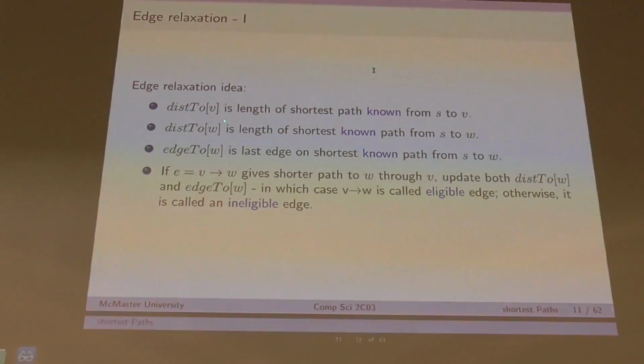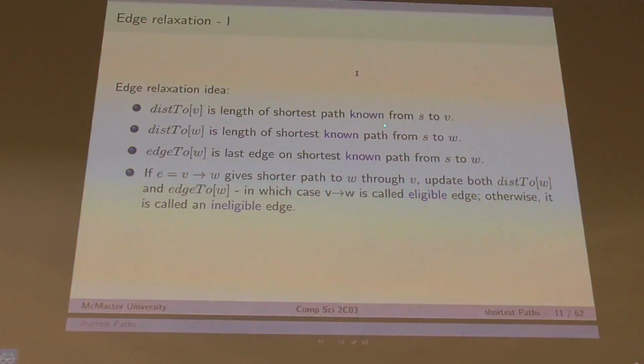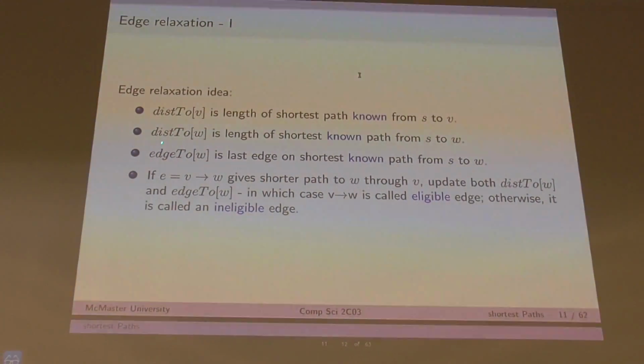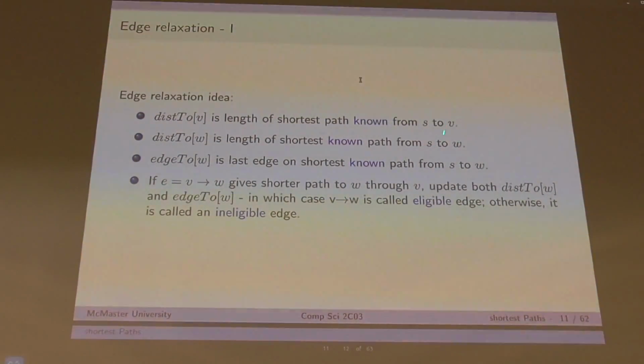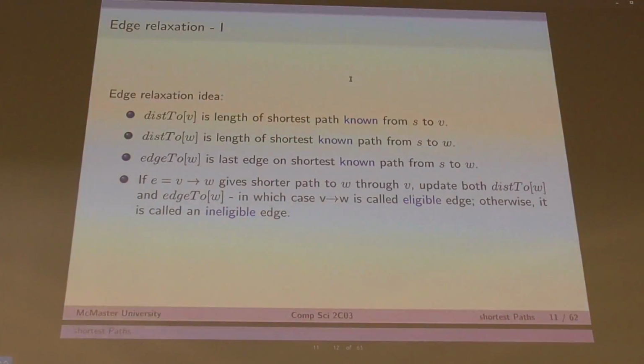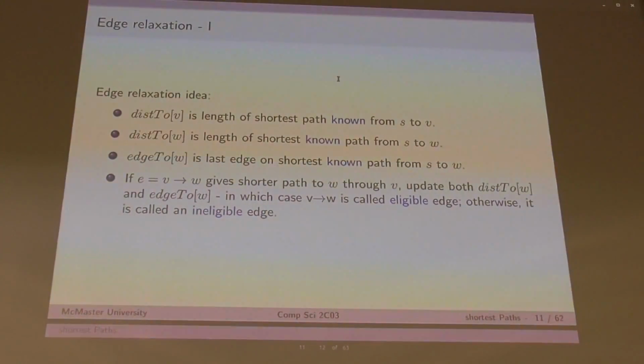So, distance to V is the length of the shortest path known from S to V. Distance to W is the length of the shortest known path from S to W. So, we have distances to two vertexes in the graph.